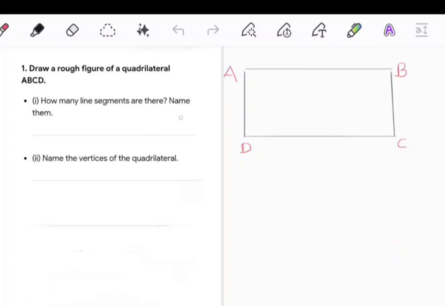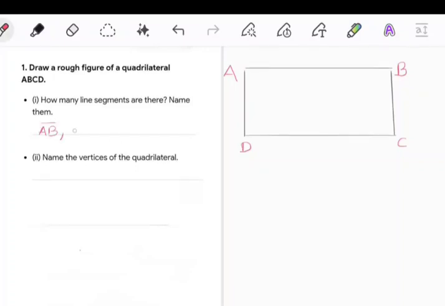Here the line segments are AB, BC, CD and AD or DA. There are 4 line segments, so you can write line segment AB, line segment BC, line segment CD, and line segment DA or AD.